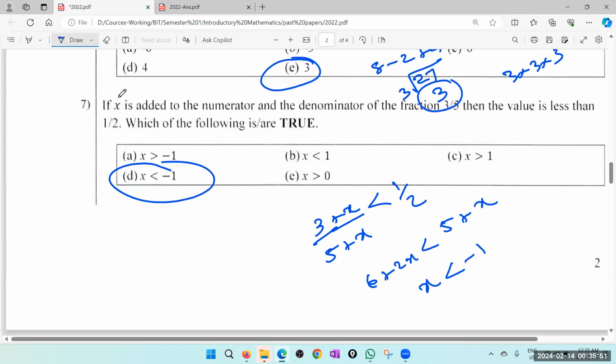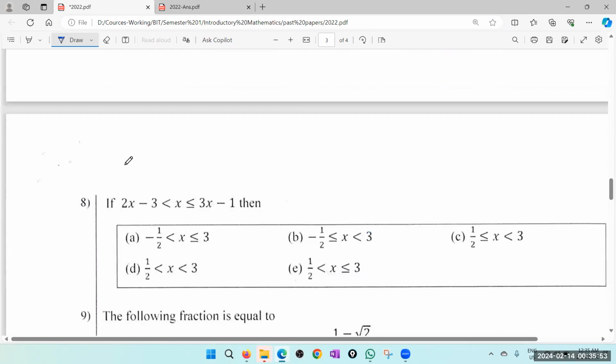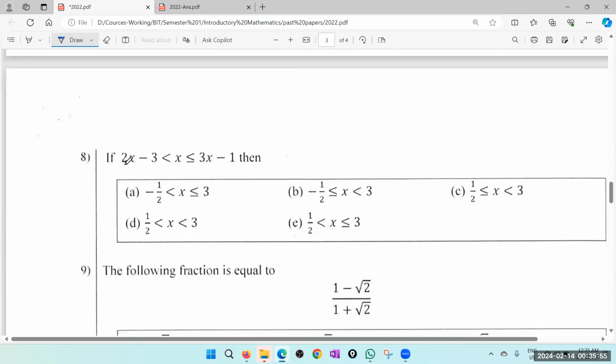Right, eighth question. It's again an inequality, but you have two parts of that inequality. We can take it as two inequalities. First one is 2x minus 3 is less than x, and x must be less than or equal to 3x minus 1.